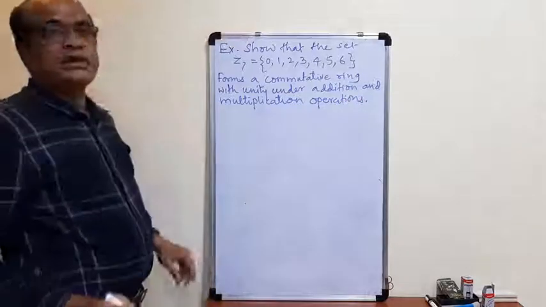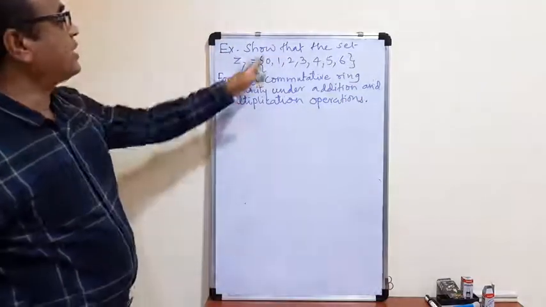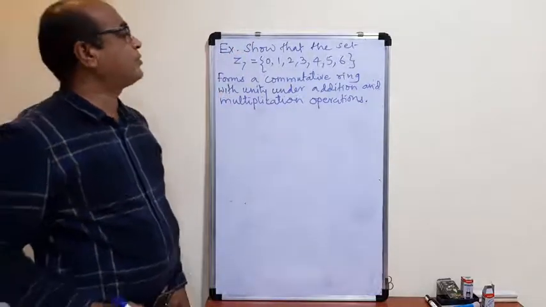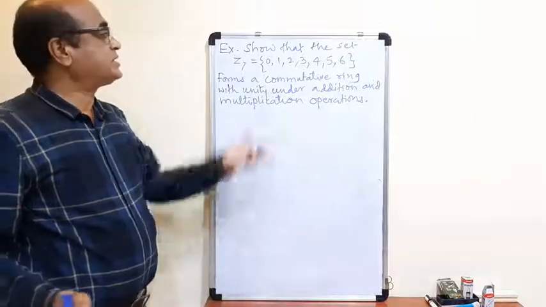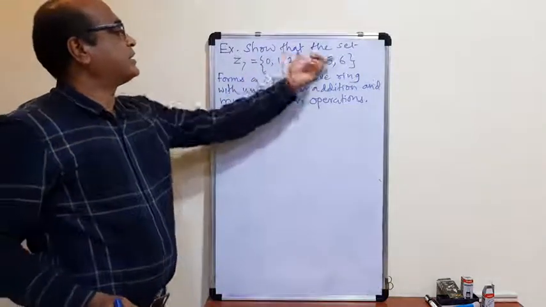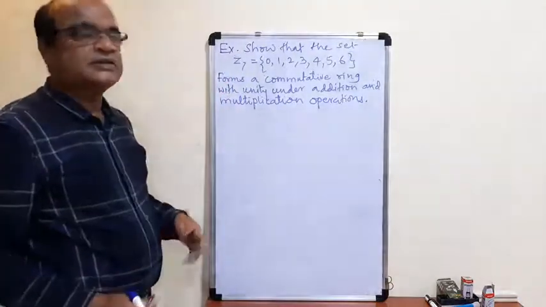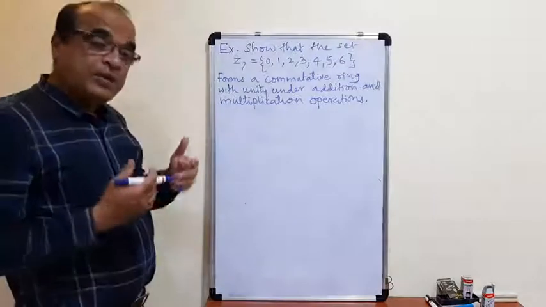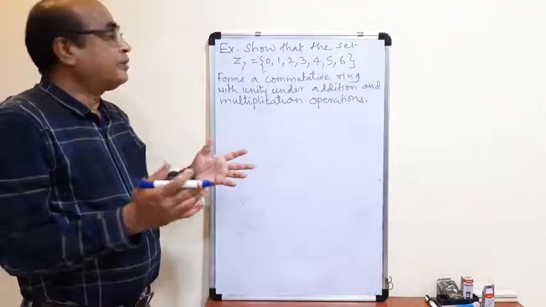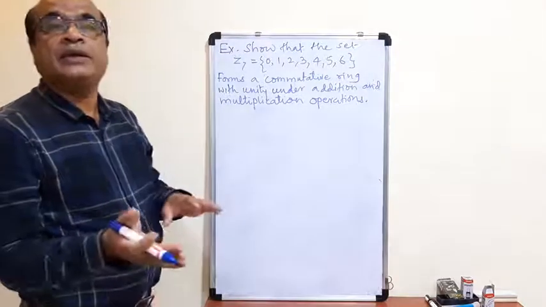So what is the set Z7? 0, 1, 2, 3, 4, 5, 6 are the elements of this set. So 7 elements are there in the set Z7. How do we obtain this set? We divide any number by 7.